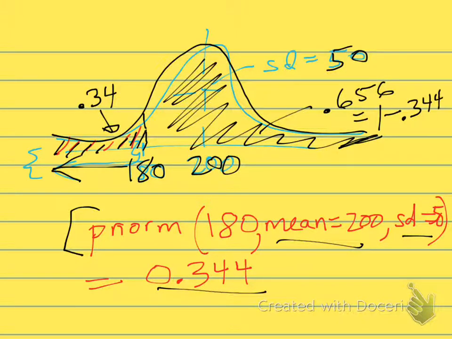So this is the probability of observing x greater than 180. That's how we use the normal distribution to assess the probability of an event for a variable that we are assuming follows the normal distribution. Not all variables follow the normal distribution.